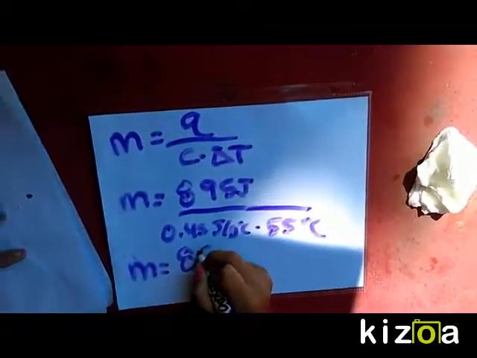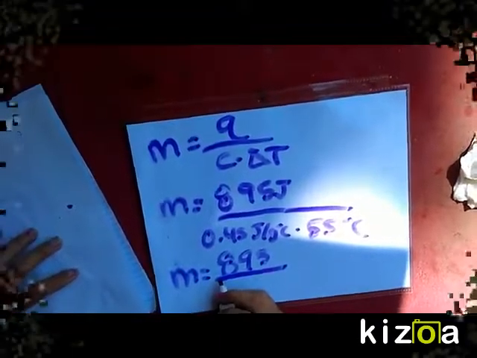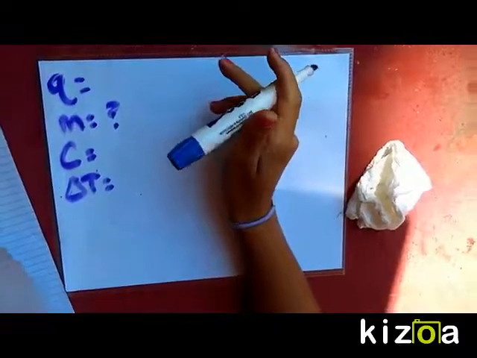When you multiply C and triangle T, it will be 24.75.